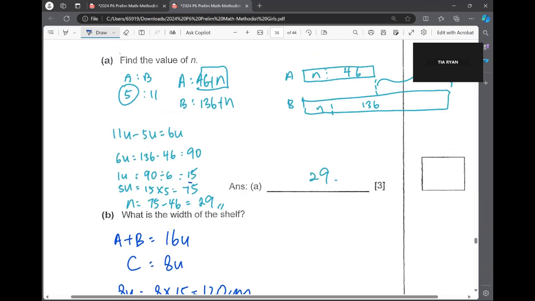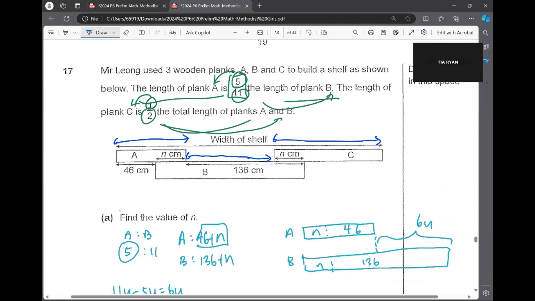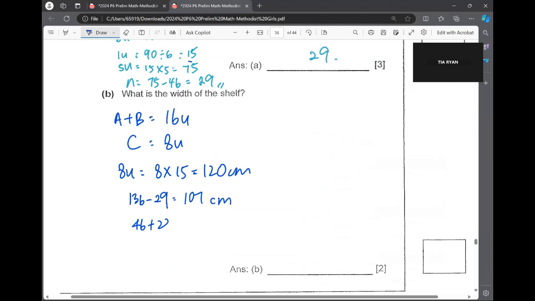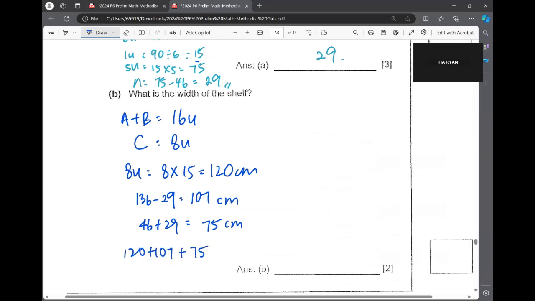And last but not least, we have the last width over here, the last length, and that will be 46 plus N, which is 46 plus 29, which gives me an answer of 75. Now all I have to do is just add all of them up together. 120 plus 107 plus 75. I'll get an answer of 302 cm, and that is my answer to this question.